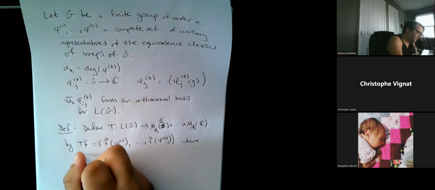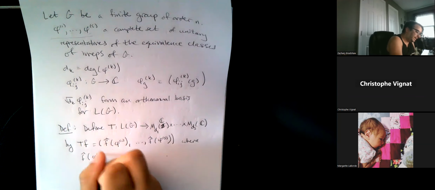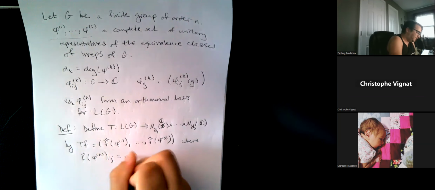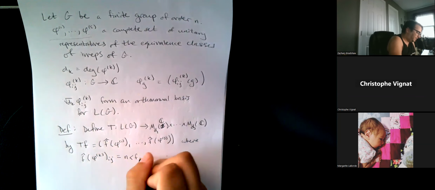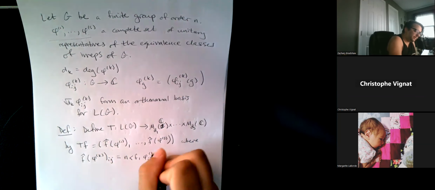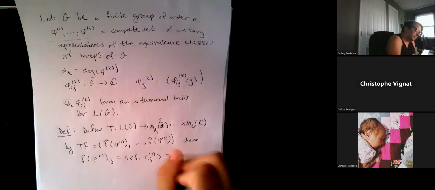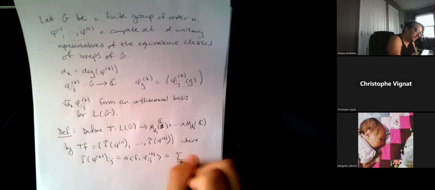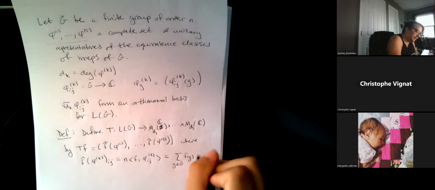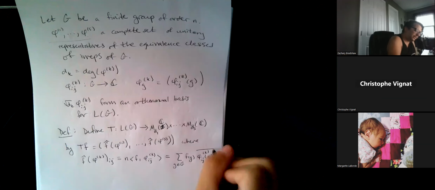So the way we define this is by saying that its ij-th entry is equal to n times the usual definition that we have been working with. And so this comes out to be the sum over g in G of f(g) times phi_ij^k(g) complex conjugate.